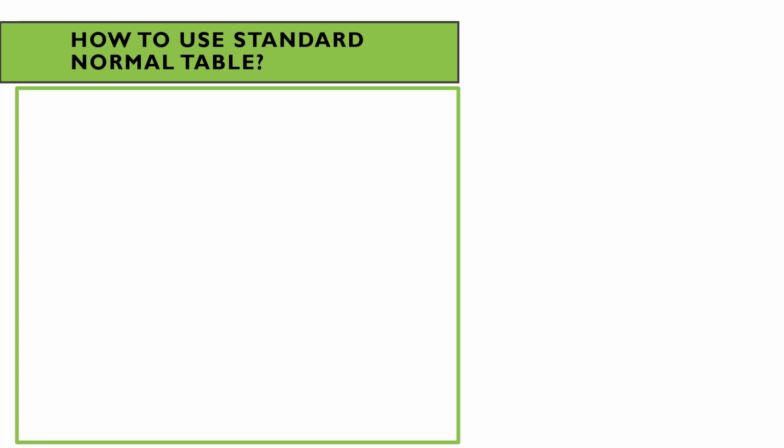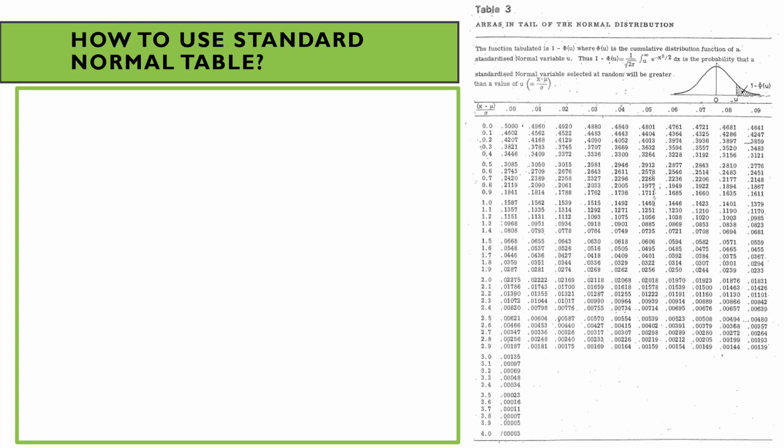Let's try another example on how to use the standard normal table, or Z table. First question, Z greater than 0.86. Let's draw the shaded region. Here is the positive value. 0, positive means to the right, so 0.86. Next step, look at the symbol.